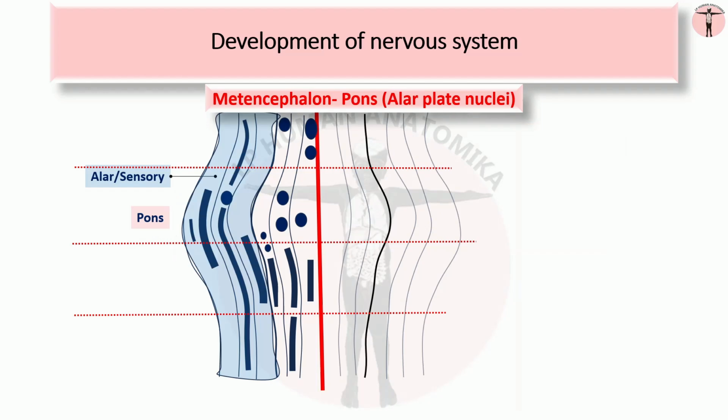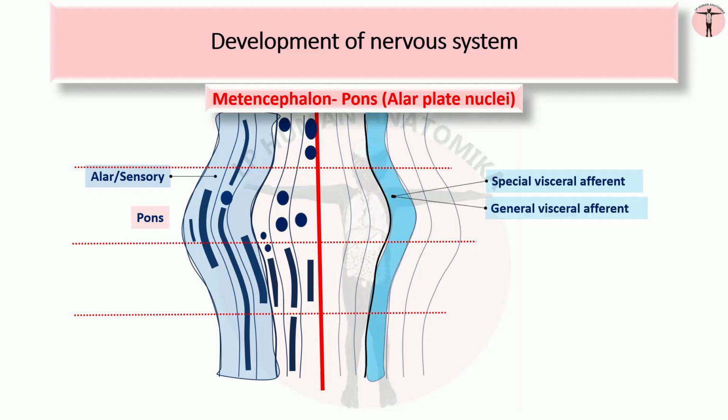Now, let us identify the nuclei in each column of the alar plate, which give rise to the specific cranial nerves from the medial to lateral side of the pons. The general visceral afferent and special visceral afferent columns are both represented by one nucleus, that is the solitary nucleus, also called the nucleus of the solitary tract.